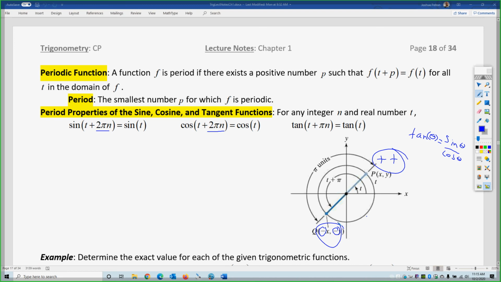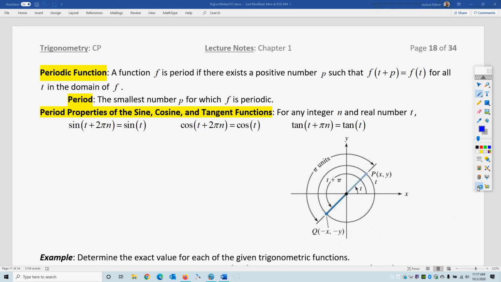In the other quadrants, negative, positive or positive, negative, I get negative over positive or positive over negative. Either way, the outcome is negative. So if I have something over here or here, it's the same answer for tangent or cotangent. Essentially, every pi around the circle is the same answer for tangent and cotangent.